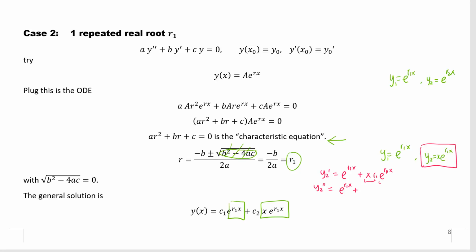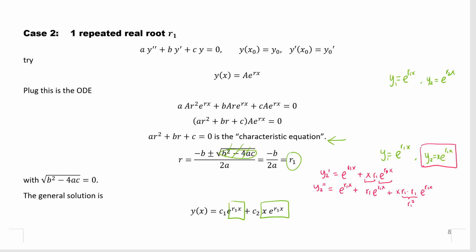Product rule again: the derivative of x is 1, so we get r1 times the second factor, plus the first factor times the derivative of the second factor. We have an extra r1 right here, and that is why we get r1 squared.